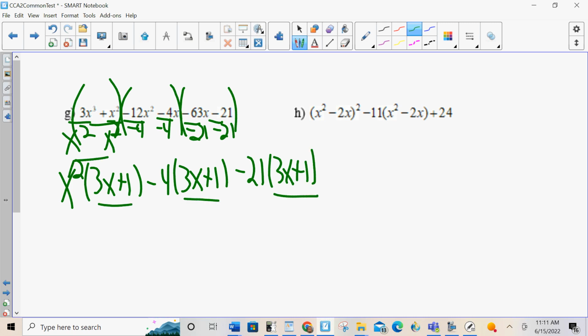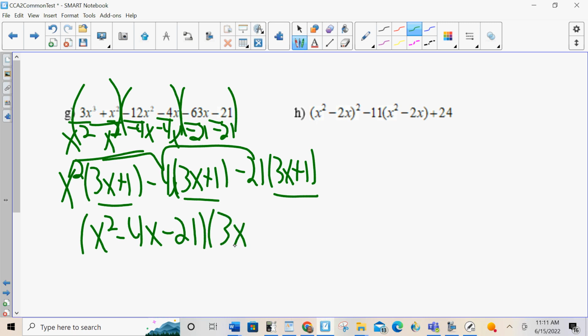They do. So now I combine my coefficients. X squared minus 4x minus 21, 3x plus 1. Can I factor further? It's a trinomial. First sign comes down, negative and negative's a positive, multiplies to 21, subtracts to 4, 7 and 3, and the 3x plus 1 comes down.